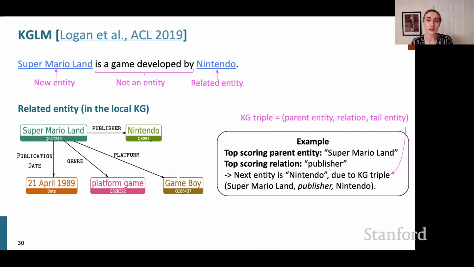And you can see there are actually contextual cues in a sentence that could help you figure out which triple you're talking about. And then given that your top scoring parent entity is Super Mario Land and your top scoring relation is publisher, you can figure out that using knowledge graph triples, the tail entity has to be Nintendo. And therefore, this gives you a strong signal that the next word will be Nintendo.